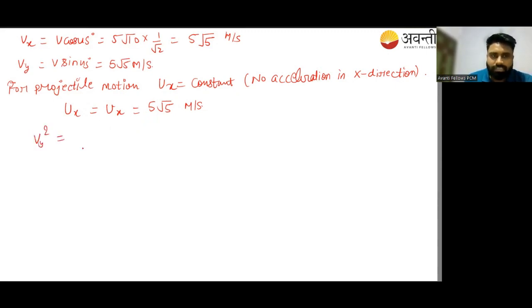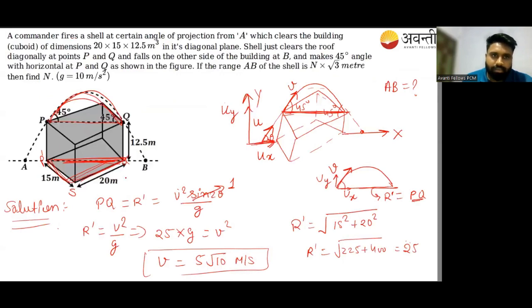Vy square is equal to uy square minus 2 ay times sy. Here we are interested in the velocity in the y direction at point P. The point P has a height sy of 12.5, this length.